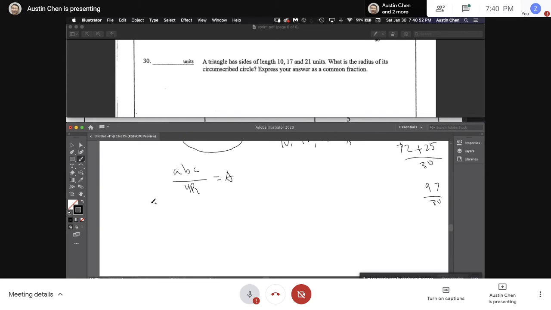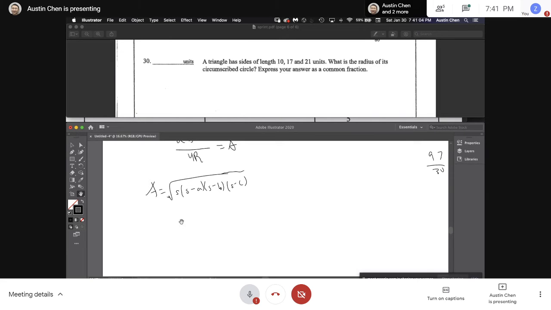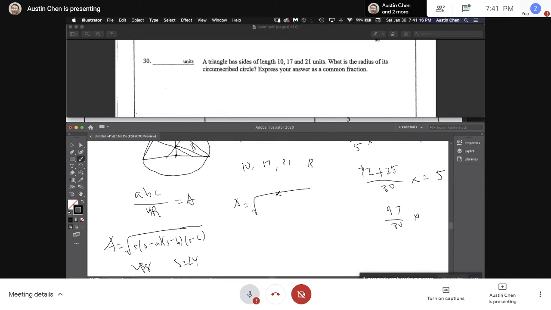Heron's formula is that the area of a triangle is equal to the square root of the semiperimeter times the semiperimeter minus one side times the semiperimeter minus another side times the semiperimeter minus the other side. The semiperimeter is just 1/2 of the perimeter, and the perimeter is 48. So then S is going to equal 24. Then A is going to equal the square root of 24 times 14 times 7 times 3.